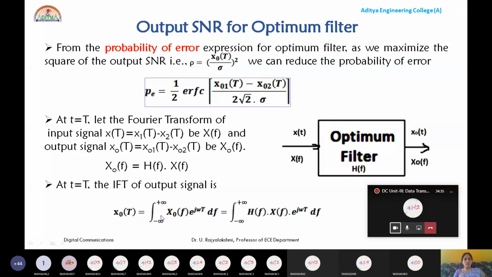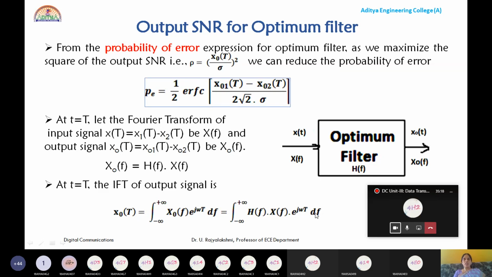The general expression is the integral from minus infinity to plus infinity of X naught of f into e power j omega t df. Because in the Fourier transform you get the integral of x naught of t e power minus j omega t dt, and we are calculating the inverse Fourier transform, so X naught of f e power plus j omega t df. Please replace the output signal value in the frequency domain, which will be H of f into X of f, just replaced in terms of the transfer function, into e power j omega t df.